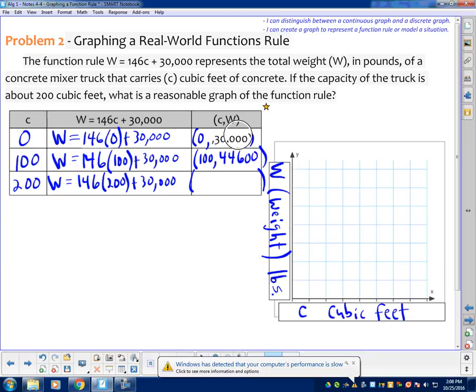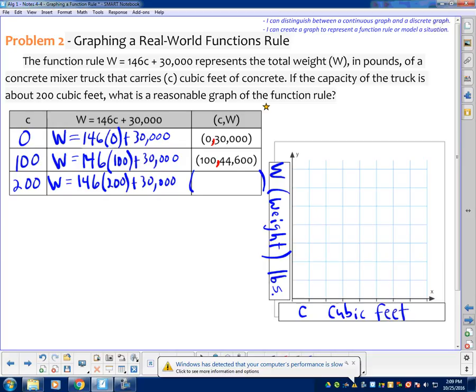Oh, there it is. 0, comma 30,000. I forgot I had these on here. 100, comma 44,600. Okay. Don't get confused with these commas, guys. That is confusing. So it's 100, comma 44,600. There's the comma that separates the x and the y.